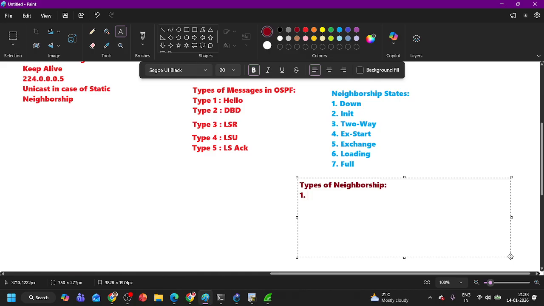First one is neighbor without adjacency. This means the neighborship is going to be in two-way state.